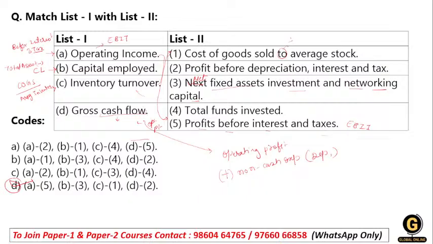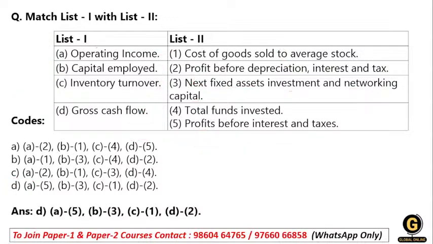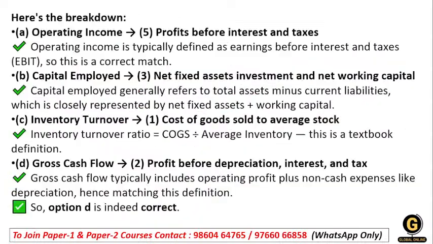So you can match it with profit before depreciation, interest and tax. This is gross cash flow, so you can easily match. Option number D will be the right answer for this question.